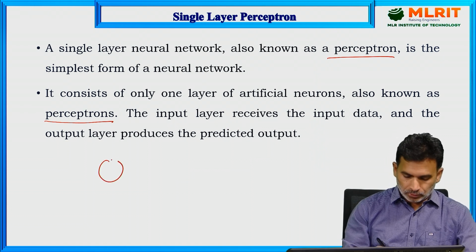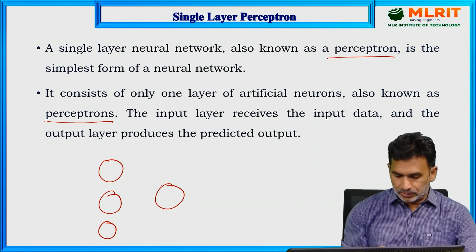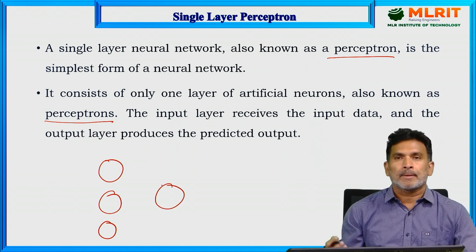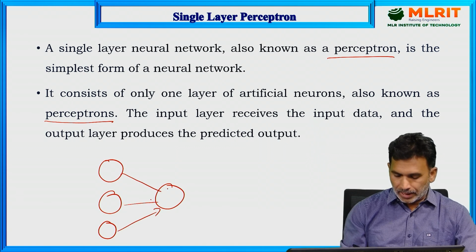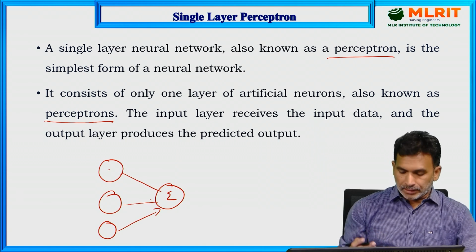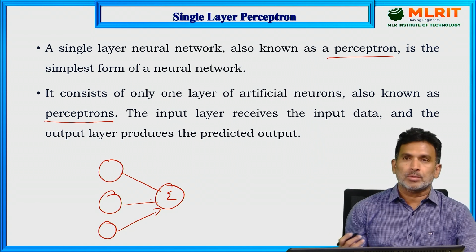So the single layer perceptron has the input layer, to receive the input, and the output layer, to produce the output.